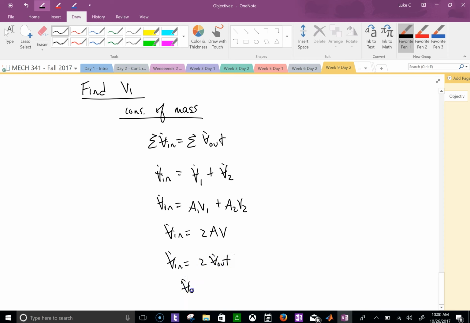So V dot out is just V dot in divided by 2. So it's 10 liters per second times 1 meter cubed over 1,000 liters times 1 over 2, and you get 0.005 meters cubed per second.